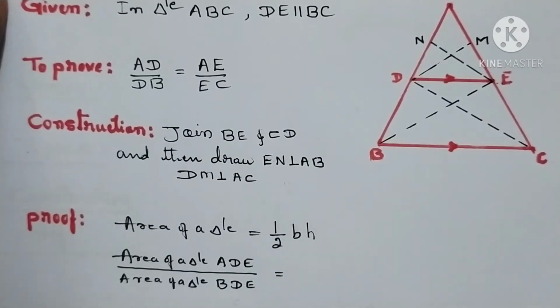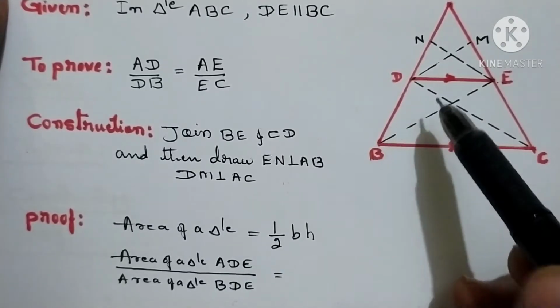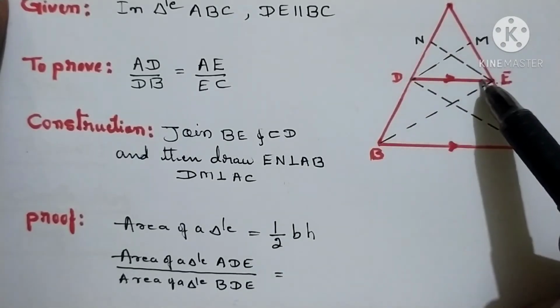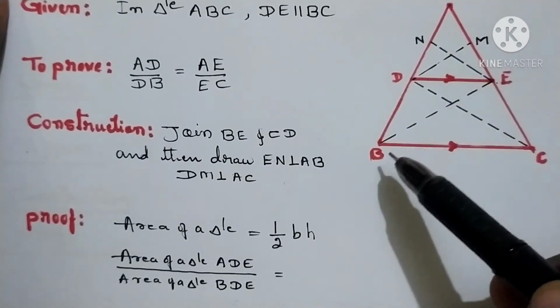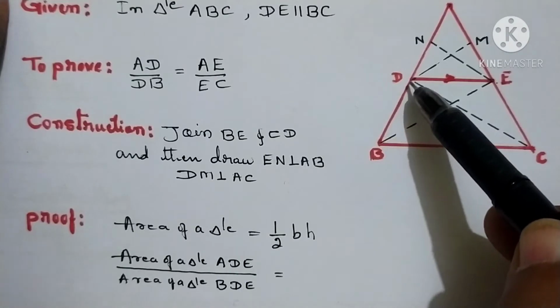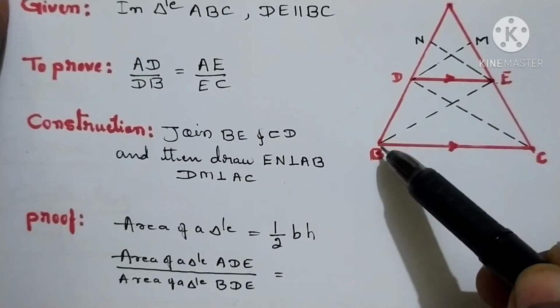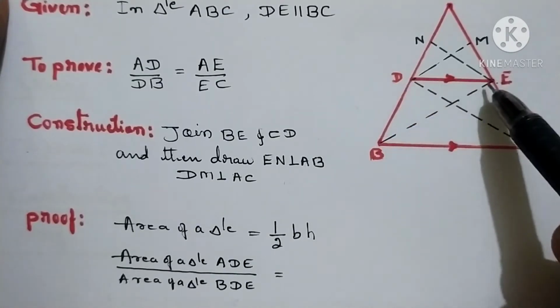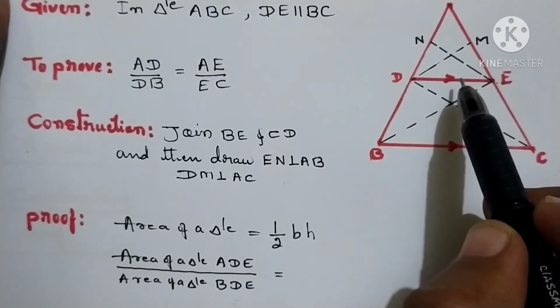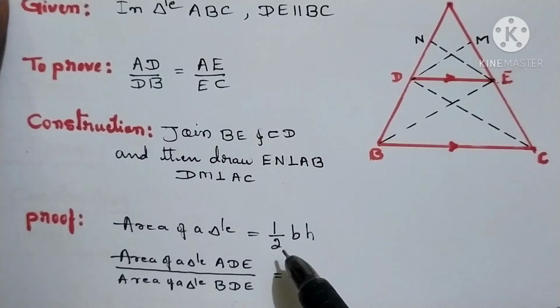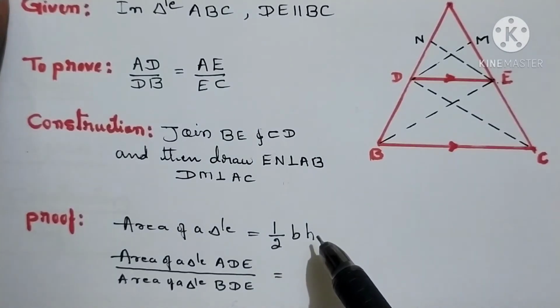So this is equal to area of triangle ADE, this one triangle, next area of triangle BDE. So you know the formula here, half into base into height.